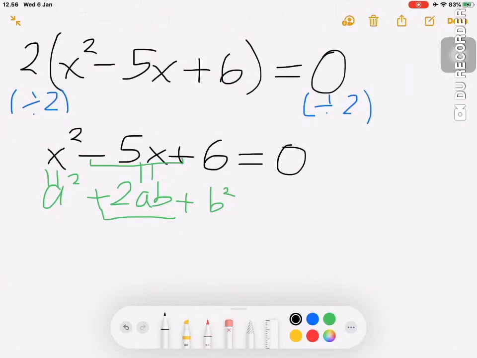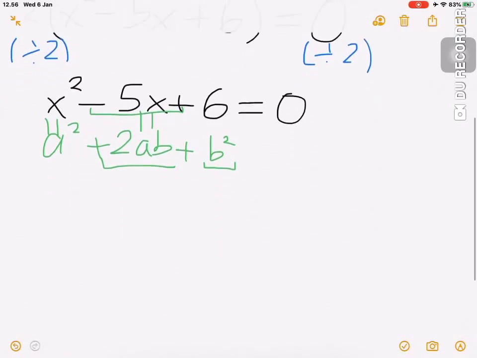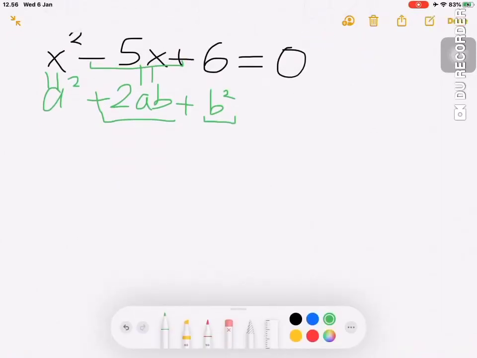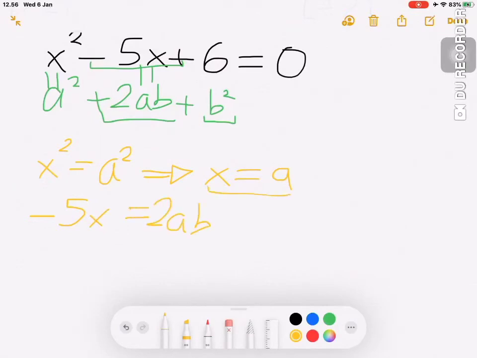Okay, next we're going to set up our a squared plus 2ab plus b squared. So we're going to set these two terms equal to each other, and just so you're not confused, I will repair this 6 a bit. There we go. Later we'll figure out what b squared is supposed to be, so we can factor this out as a perfect square.